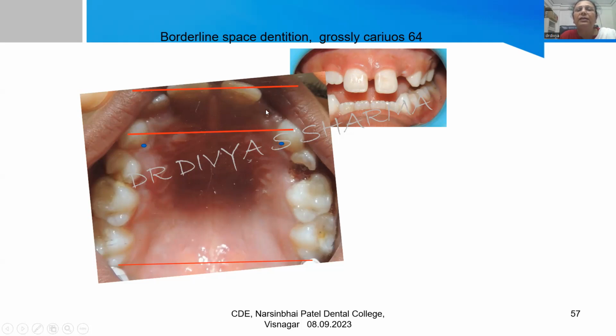It will erupt by itself, provided you maintain the circumference, not the Nance palatal or the transpalatal. Nothing. You have to go with the circumferential type of space maintainer in these borderline arches, because there is a collapse because of the muscle forces around it. So the design of the space maintainer will change in the borderline arches. Please understand this.